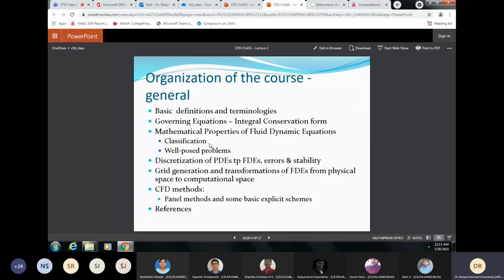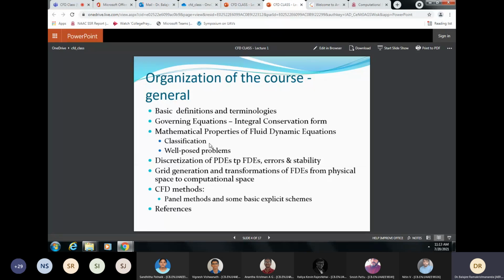For example, for a PDE, if you define a problem which needs an initial condition, but you are not giving the initial condition, only a boundary condition, then the problem cannot be solved satisfactorily. It is not well-posed. So we should have solvable problems. If the problem is well-posed, we can attempt solving it using numerical techniques.